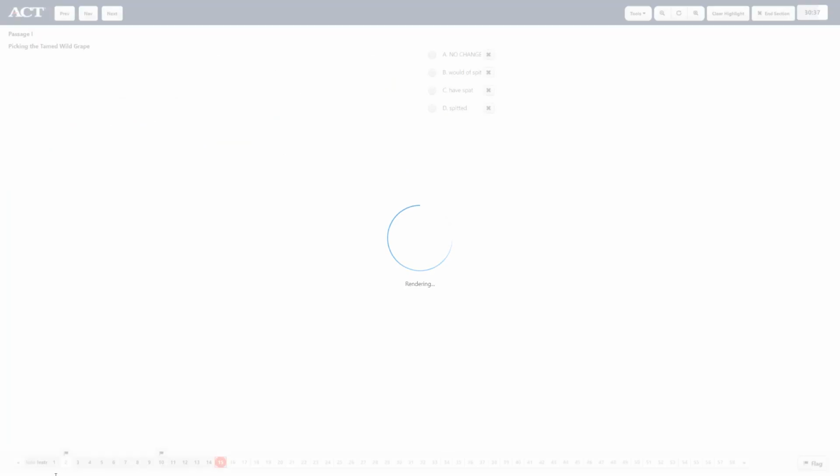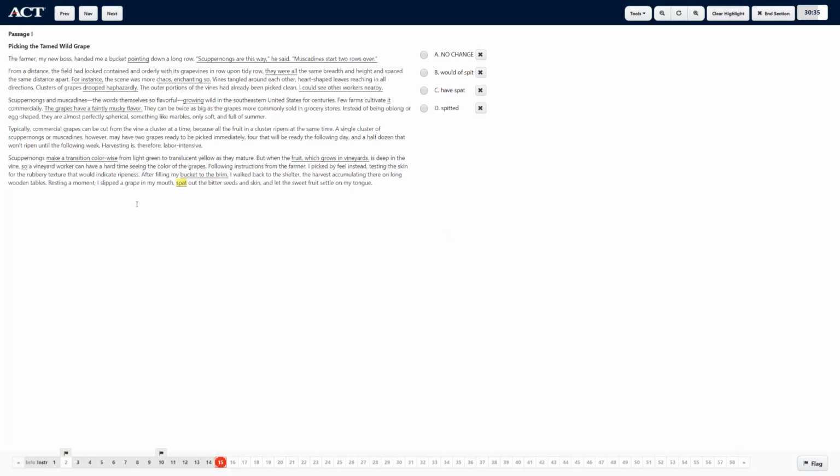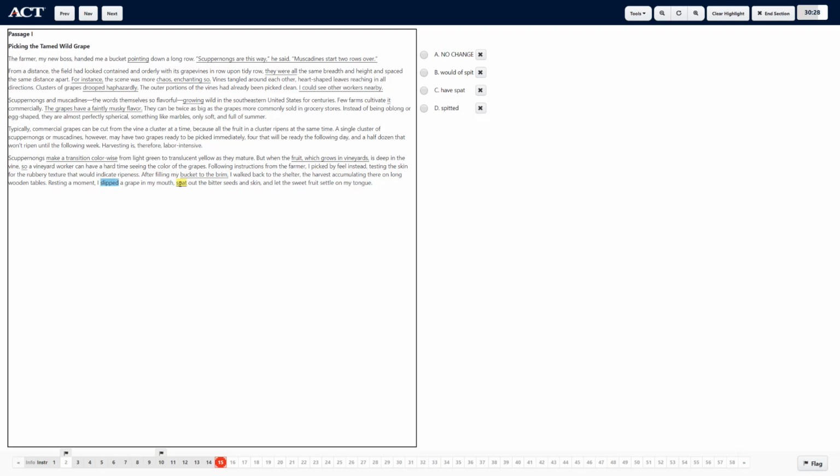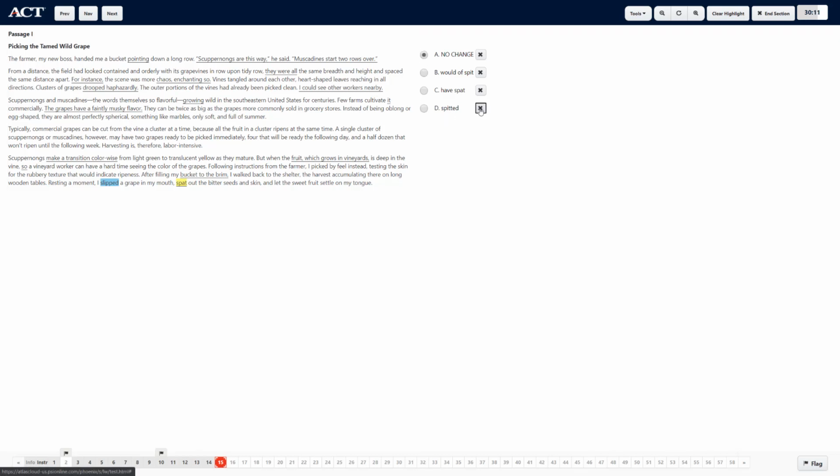Last question, and we're going back to the second question. So here it's quite easy to see that this option is correct because they are using the past tense consistently throughout the paragraph. So it's spat. So this is an incorrect form of the past tense of spit.